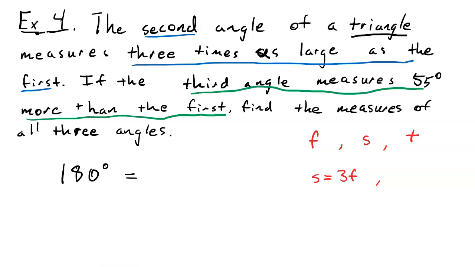So this tells us that T is equal to F plus 55 degrees. And now again we have all of our angles in terms of 1, just like in the last example we had the bigger side in terms of the smaller side. So now that's what we're going to plug in to this equation.